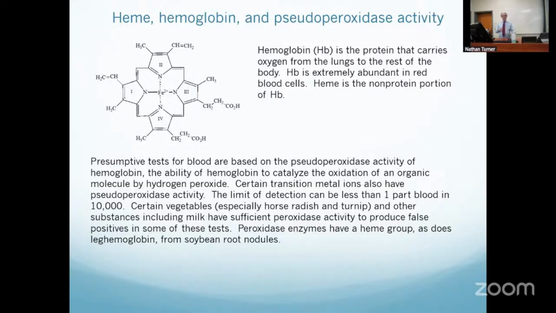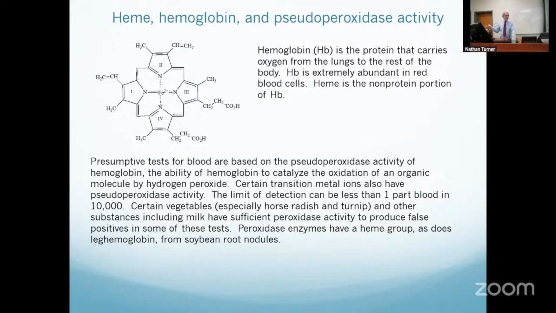They're very good tests in the sense that if you dilute the blood 1 part in 1,000 or perhaps even 1 part in 10,000, you will still see a positive result in many of these tests. So the sensitivity is terrific. The problem is we're actually not detecting blood here. What we are detecting is peroxidase activity. And heme, or hemoglobin, we could say is a pseudoperoxidase. So it's not an enzyme by its normal function.